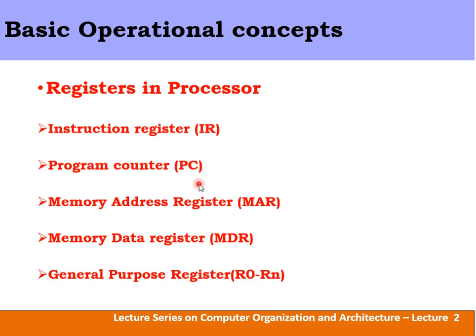That address we place in the program counter. So the program counter is a register which holds the address of the memory location from where the instruction needs to be fetched. So this is called the program counter.